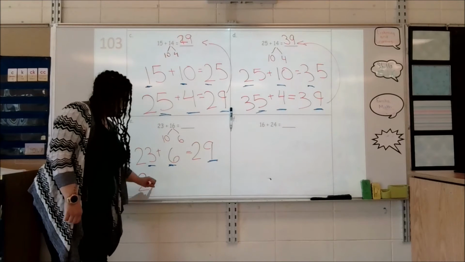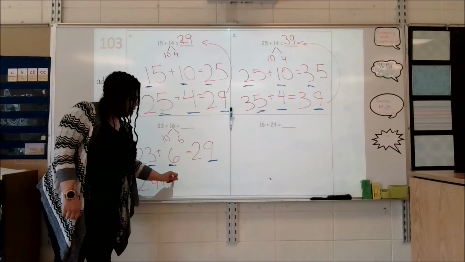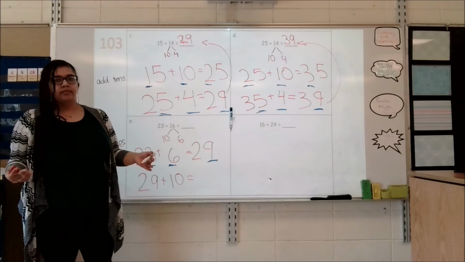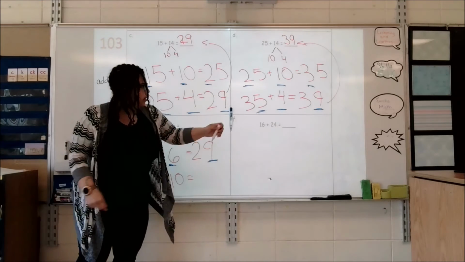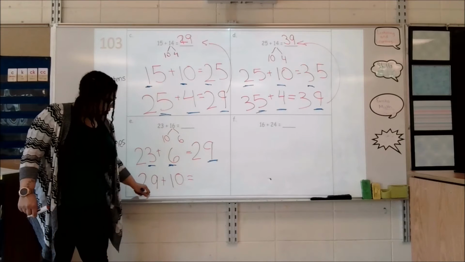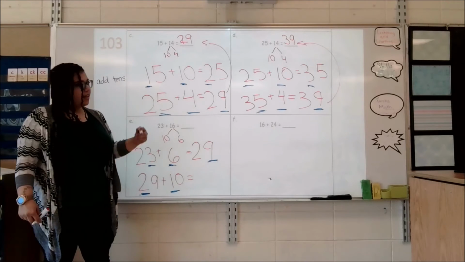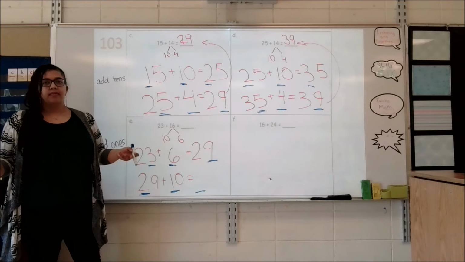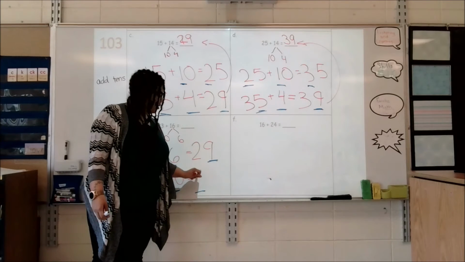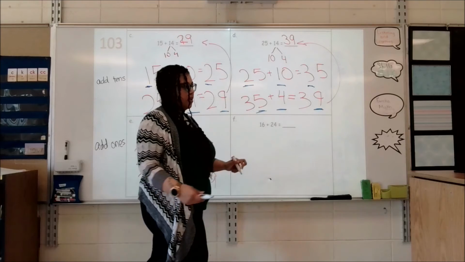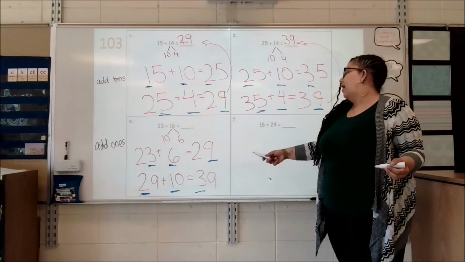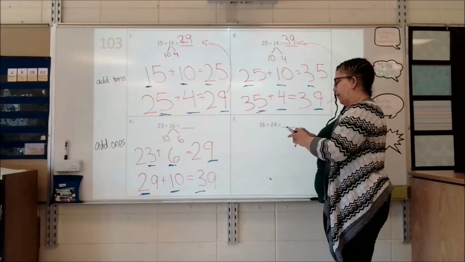So 29 plus another group of 10 is equal to 39. Good. 2 10s plus 1 10 equals 3 10s, and my 1s remain unbothered here.